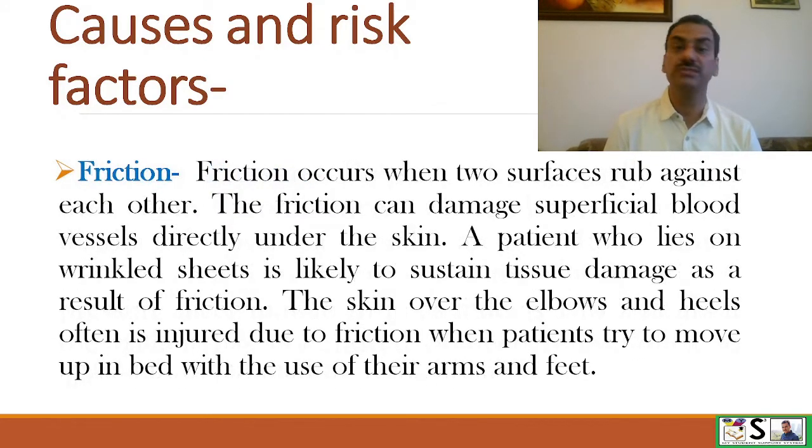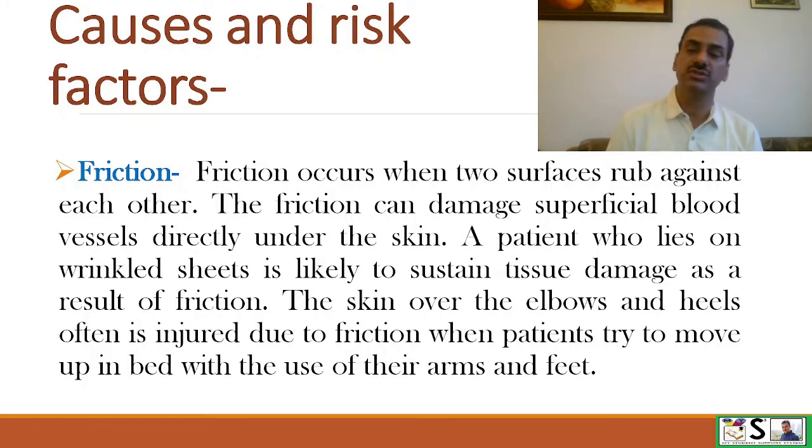Second risk factor is friction. Friction occurs when two surfaces rub against each other like this. The friction can damage superficial skin and the blood vessels which are directly under the skin, capillaries also.